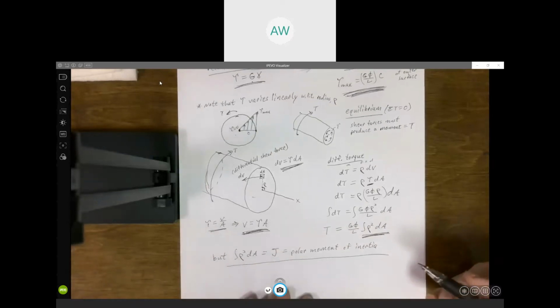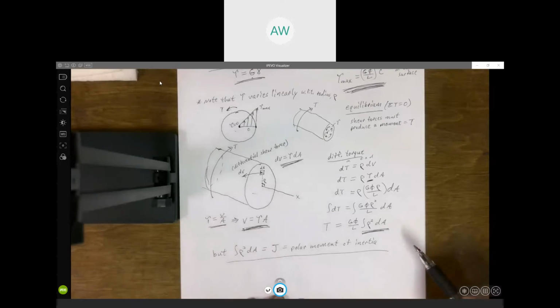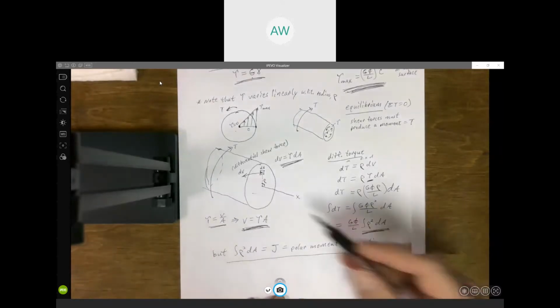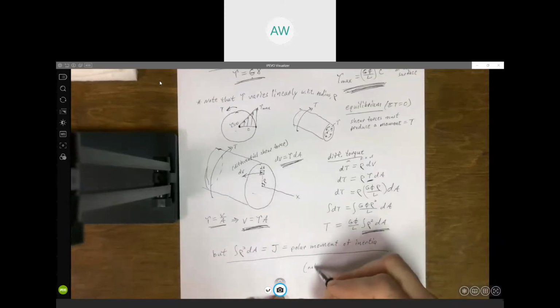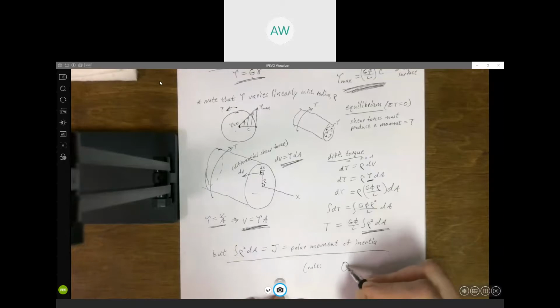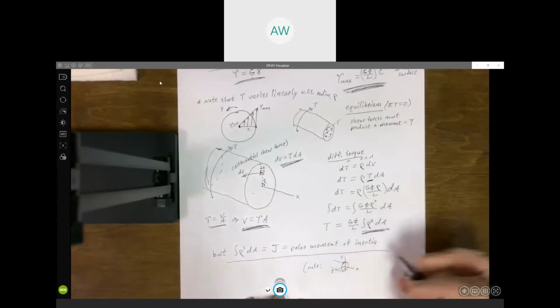All that is, is the moment of inertia of the cross-sectional area about the x-axis. So just make note here: if you're looking at this circular cross-section, this area, J is just Ix.